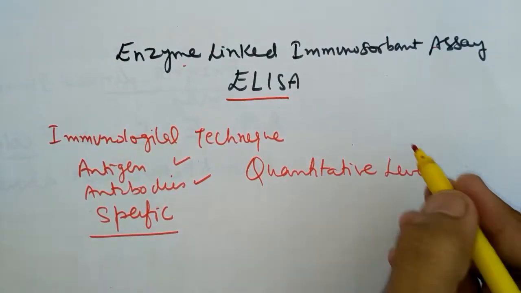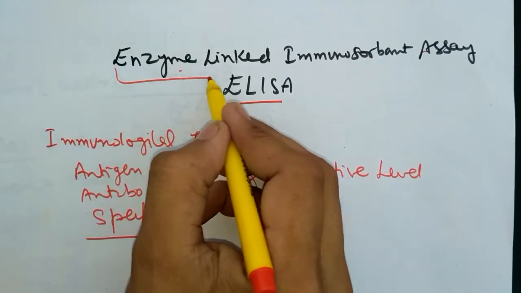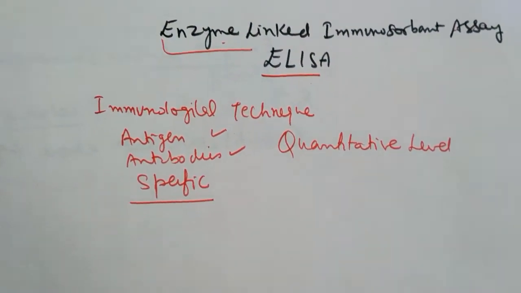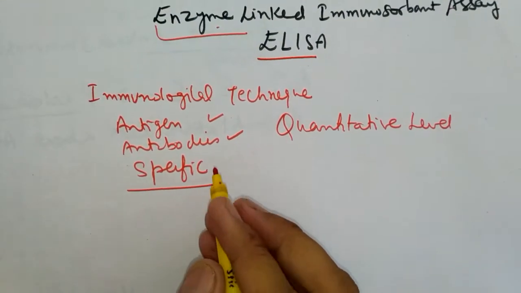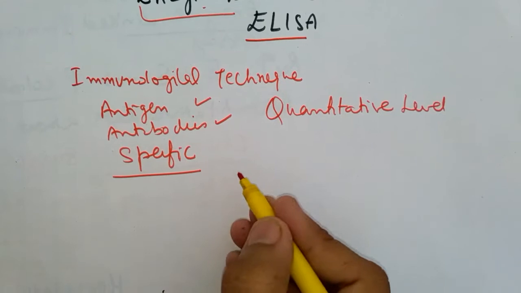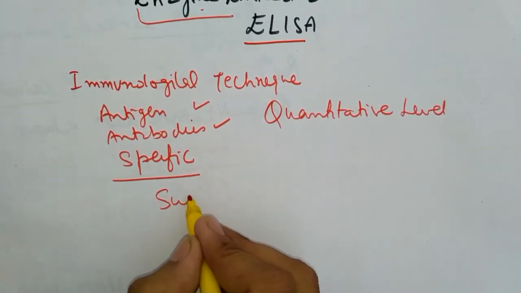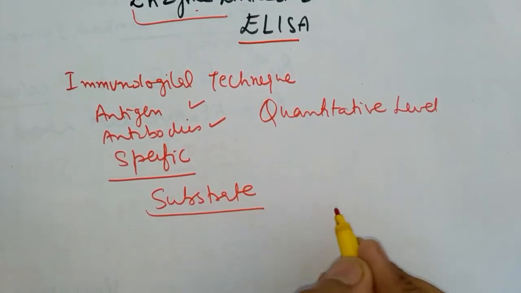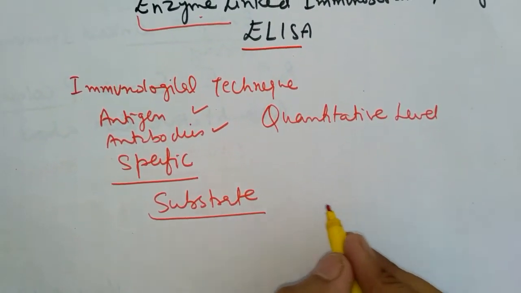Here, as the name implies, enzyme linked. You know very well what enzymes are. Enzymes are the biomolecules that enhance the rate of reaction. And here we use a substrate. The substrate imparts color in this reaction.